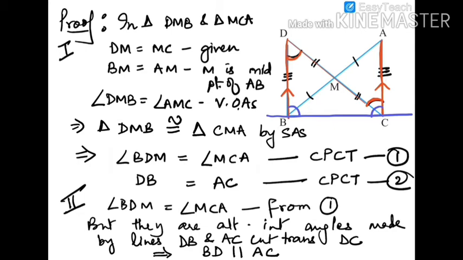And we know that angle ACB is 90. So if ACB is 90, then angle DBC will also be 90. So this implies angle DBC plus angle ACB will be equal to 180 degrees.